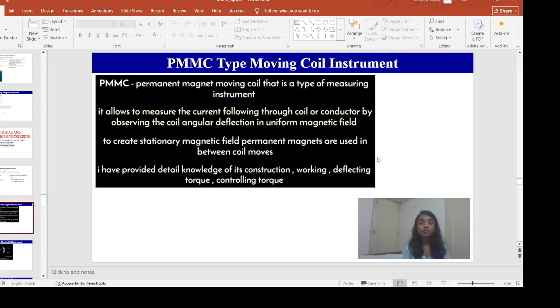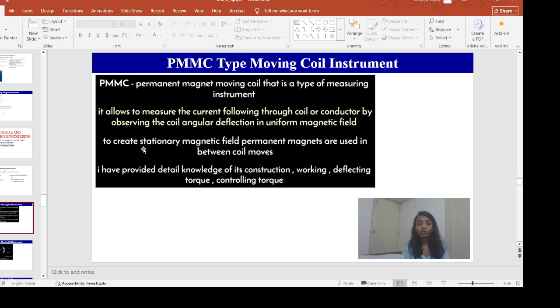First we will see the moving coil type instrument, the PMMC type moving coil instrument. PMMC is permanent magnet moving coil, which is a type of measuring instrument. It allows us to measure the current flowing through the coil or conductor by observing the coil's angular deflection in a uniform magnetic field.